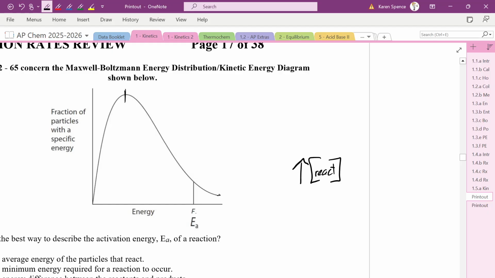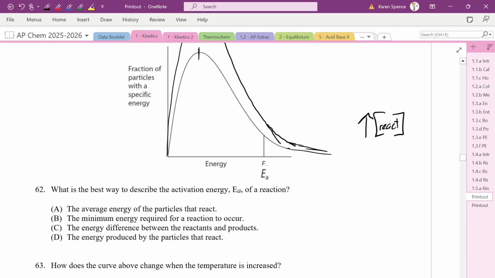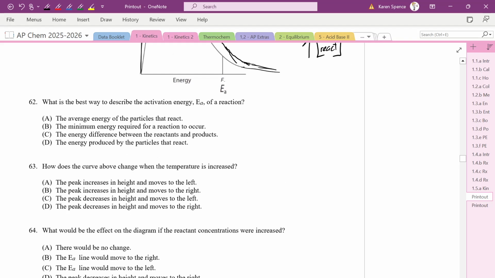The ending area of the curve should stay the same. Just everything should be bigger, because you're adding more parts. Like this will come down like this. Do you know what I mean? Everything should just be bigger. So out of our choices there would be no change.